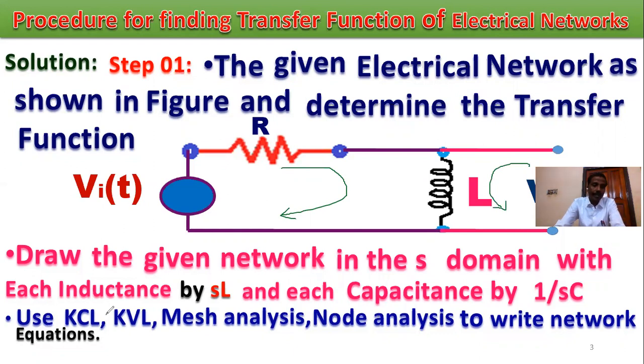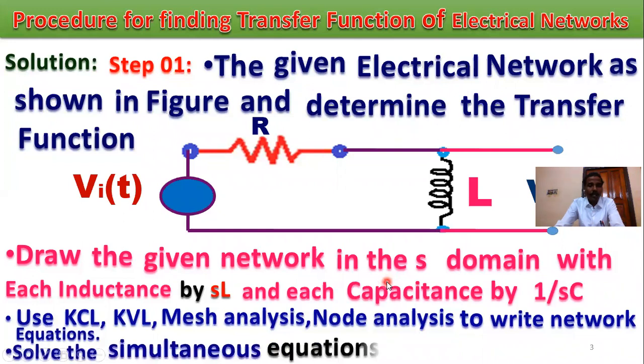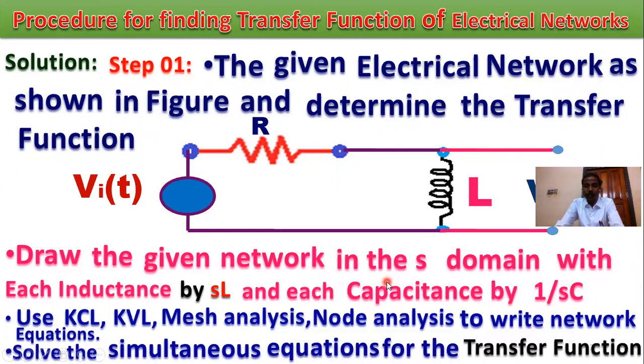Apply either KCL, KVL, mesh analysis, or node analysis to write the network equations. Next step, solve the simultaneous equations for the transfer function. Transfer function means the Laplace transform of output divided by the Laplace transform of input, with all initial conditions zero.